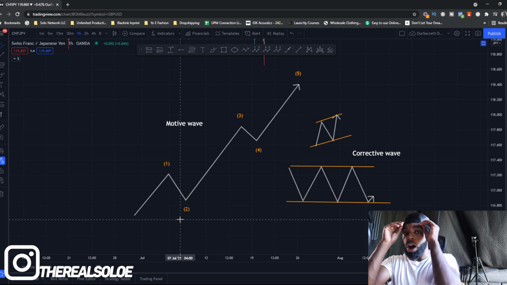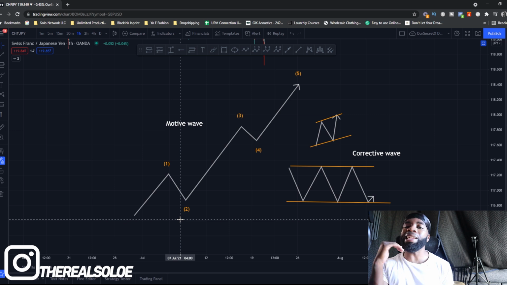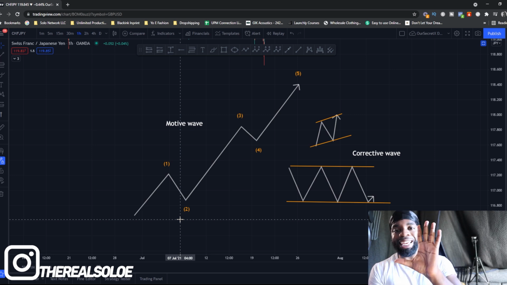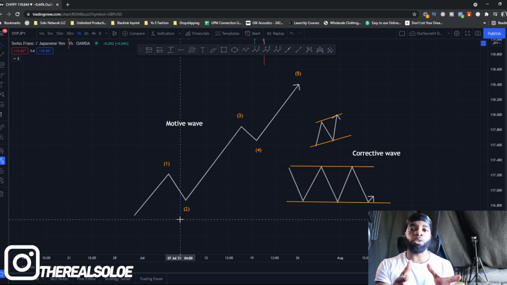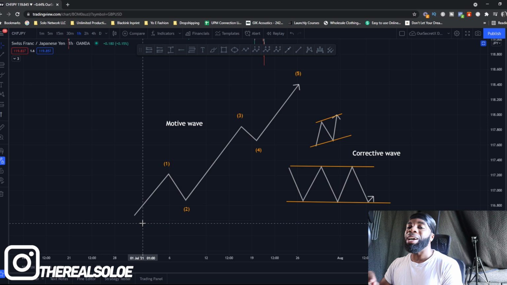So how does this all work? Very simple. The very first thing is, when you think of any uptrend or any downtrend, and I'm talking about a heavy up or a heavy downtrend, you're going to essentially have 5 waves inside this uptrend or downtrend. If you pay close attention here, wave 1 is always going to be an impulsive wave.